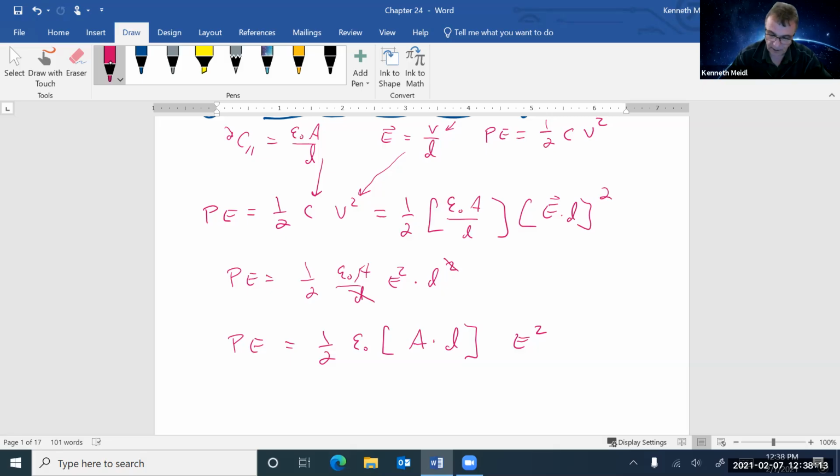What is this right here? That's the area of the plates. They could be round, square, or rectangular, it makes no difference, times the distance between them. If you really think about that, the area of the plate times the distance to the other plate is really the volume. This gives you the volume between the plates.